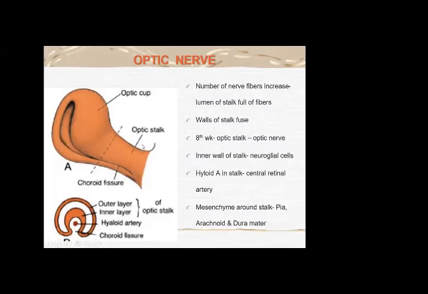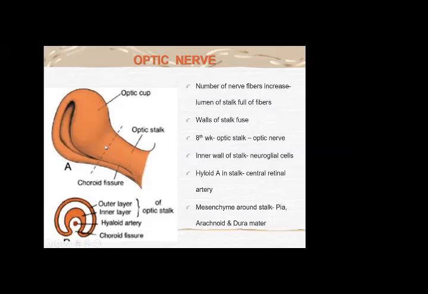And you have mesenchyme all around. The mesenchyme in this area develops into the pia, arachnoid, and dura mater. So now you have the development of the optic nerve. Now you know why you have a blood vessel lying inside the optic nerve, because mesenchyme enters over here and develops into the hyaloid artery.